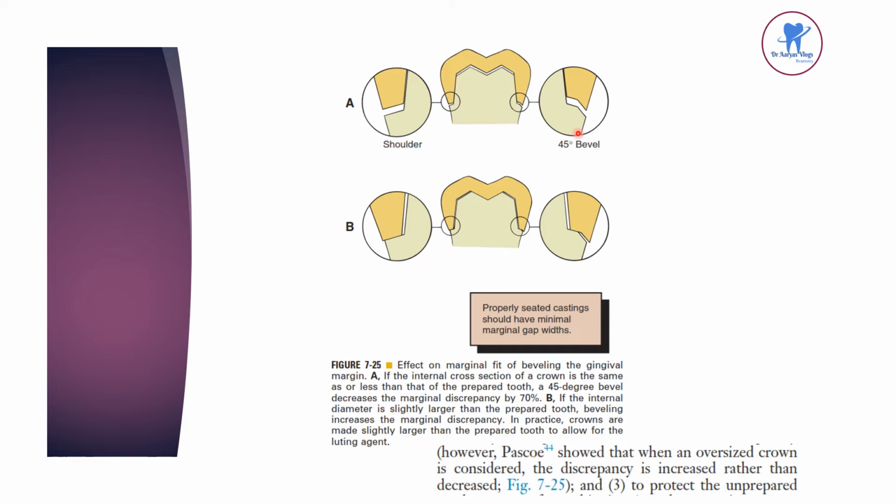A 45 degree bevel decreases the marginal discrepancy by 70%. And if the internal diameter is slightly larger than the prepared tooth, beveling increases the marginal discrepancy. In practice, crowns are made slightly larger than the prepared tooth to allow for the luting agent. So properly seated castings should have minimal marginal gap width.